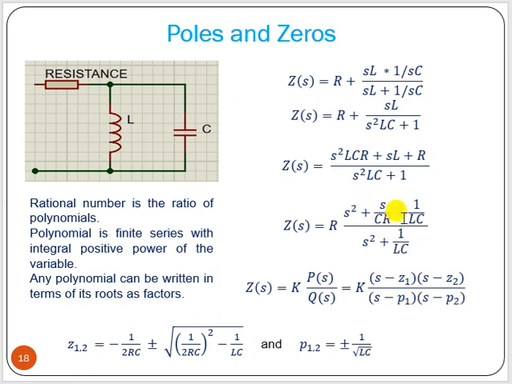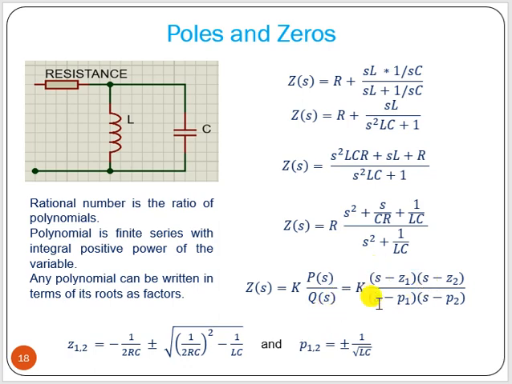Now in this particular case, for the numerator, what is the root? That is nothing but minus 1 by 2RC plus minus root over 1 by 2RC square minus 1 by LC. And for p, for the denominator, the roots are nothing but plus minus j 1 by root over LC. Those are the roots of the quadratic equation that we got.